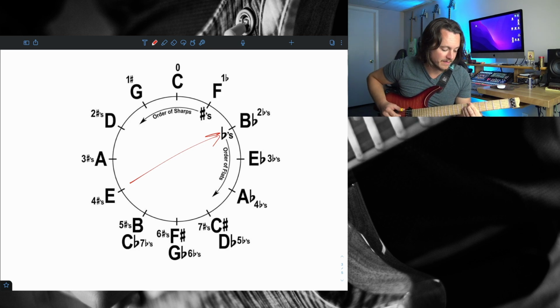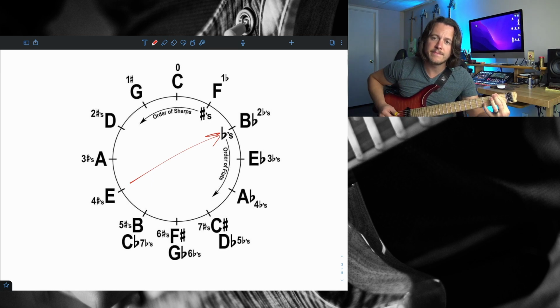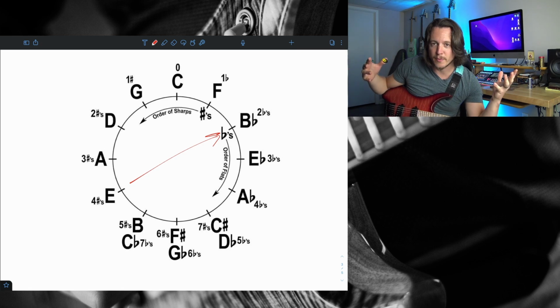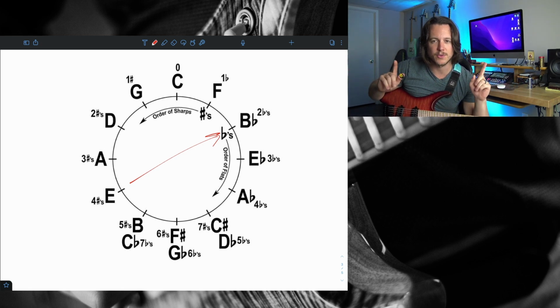Now B flat. So very far keys from each other, but you can make it sound nice if you know what you're doing.